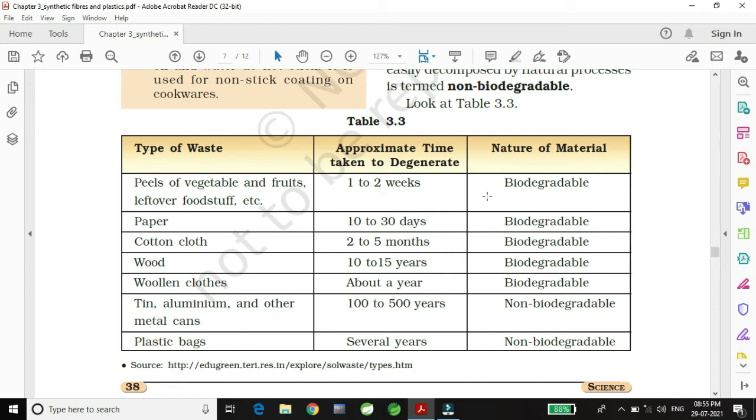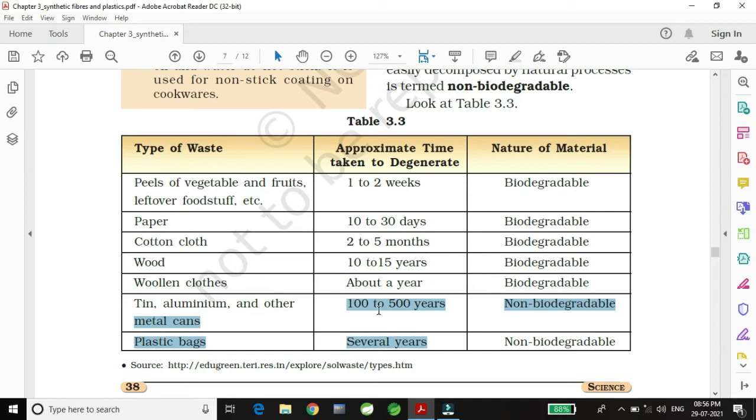A question will arise: all these things are decomposing in a certain time period.